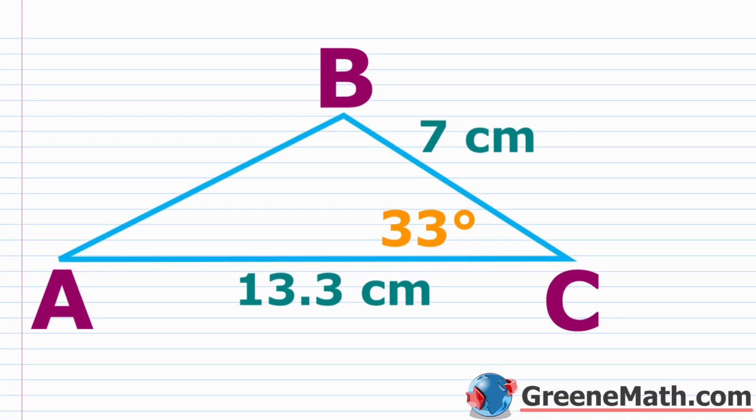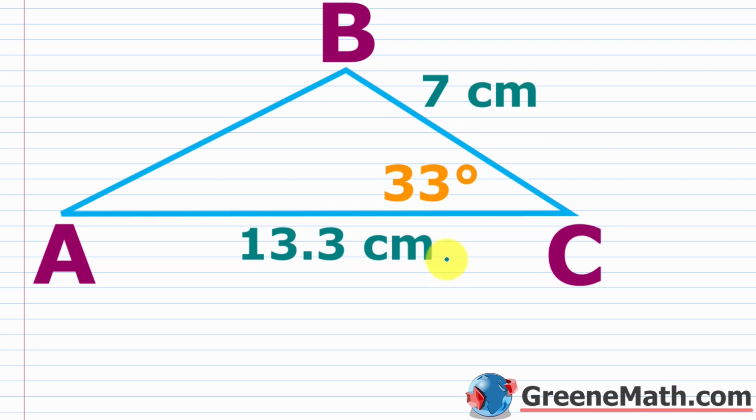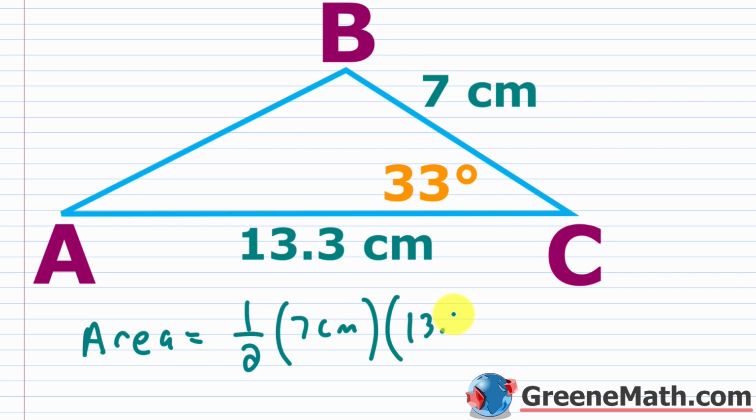It's very important for us to use this formula that you have this set up. So the area is equal to 1/2 times your 7 centimeters, times your 13.3 centimeters. So you multiply 1/2 by this side, and then times the sine of that included angle. So this is 33 degrees.